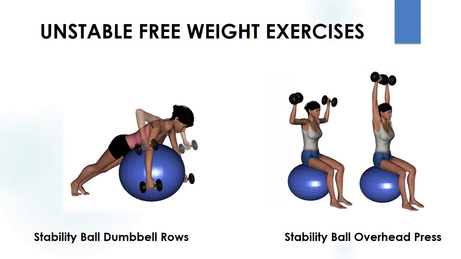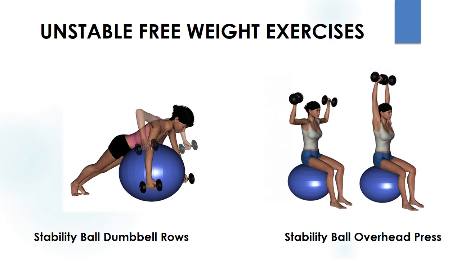Finally, here are some examples of unstable and free weight exercises using dumbbells. Now, the benefit of using dumbbells is that the dumbbells themselves are unstable. They're much more unstable than, for example, a fixed bar that you would simply hold with two hands overhead. The dumbbells introduce an element of instability for each of the upper extremities.